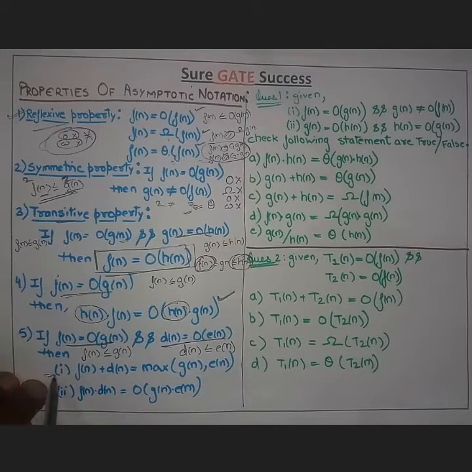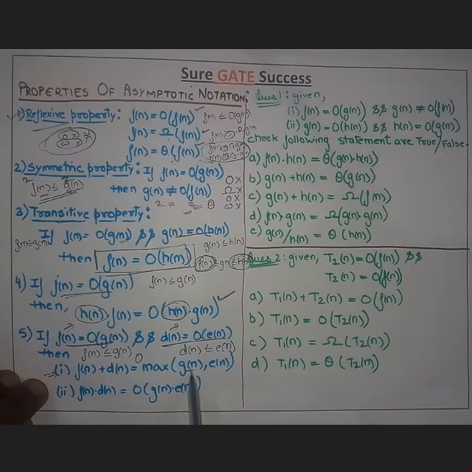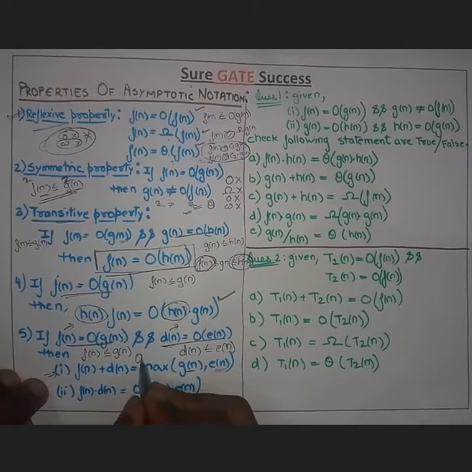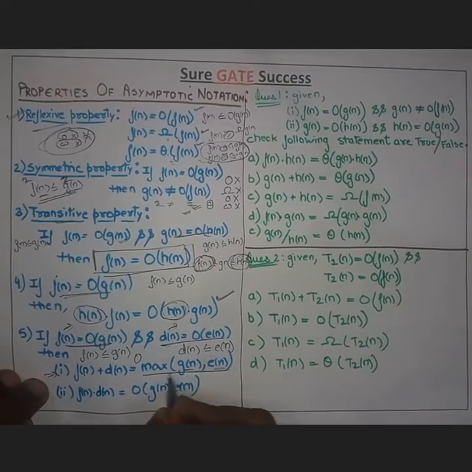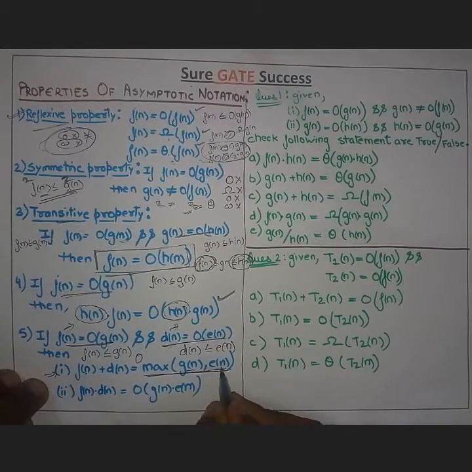So for that we have two equations, the first one is f of n plus d of n. For this it will be big O of what? The maximum among the two. If g of n is maximum, then g of n will be the answer, and if e of n is maximum, then e of n will be. Therefore what we are saying is big O of maximum of g of n or e of n.